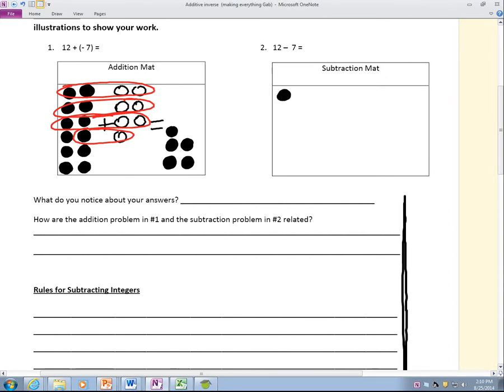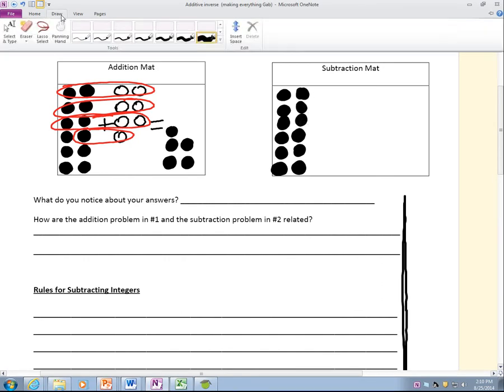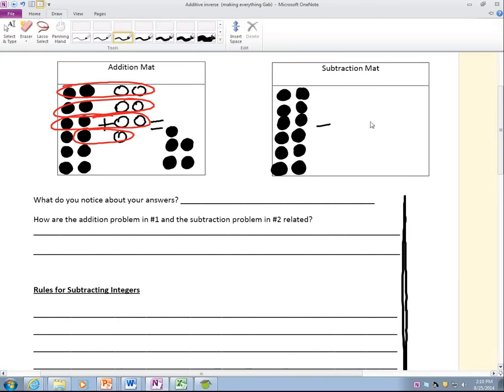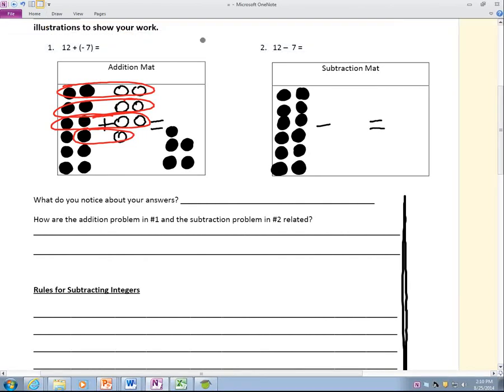Let's talk about subtracting now. 1, 2, 3, 4, 5, 6, 7, 8, 9, 10, 11, 12. Minus 1, 2, 3, 4, 5, 6, 7. Now, the one on the left, we have negative integers zeroing out positive integers.